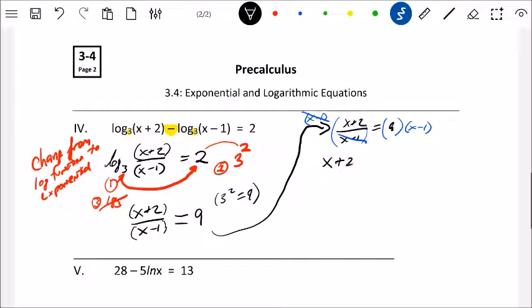So we have x plus 2 is equal to, and I'll put these in parentheses, 9x minus 9. And then I'm going to subtract x from here because I don't want to deal with the negative ones. 2 is equal to 8x minus 9. Let's add 9. Get 8x equals 11.